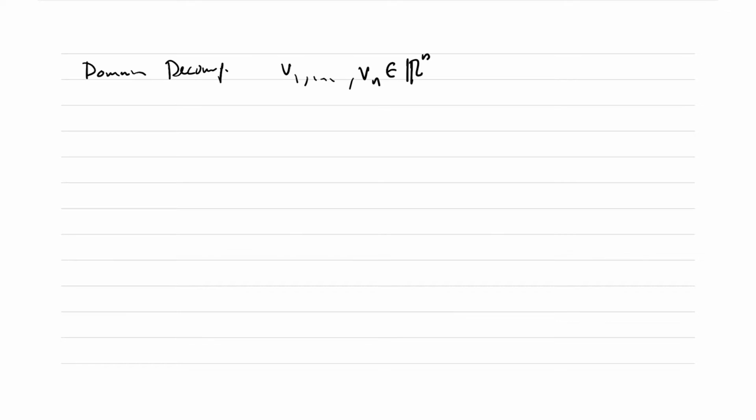So we can take any vector in R^n and decompose it in terms of v1 through vn. Now we want to be able to decompose the range space.